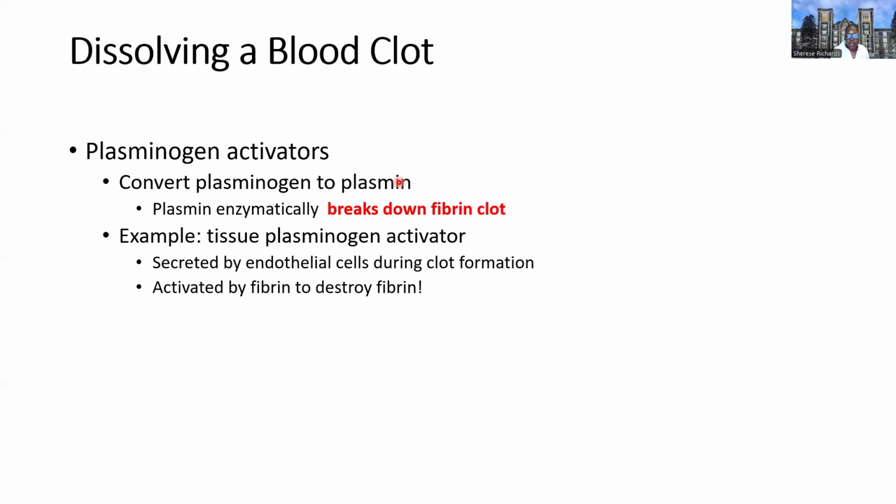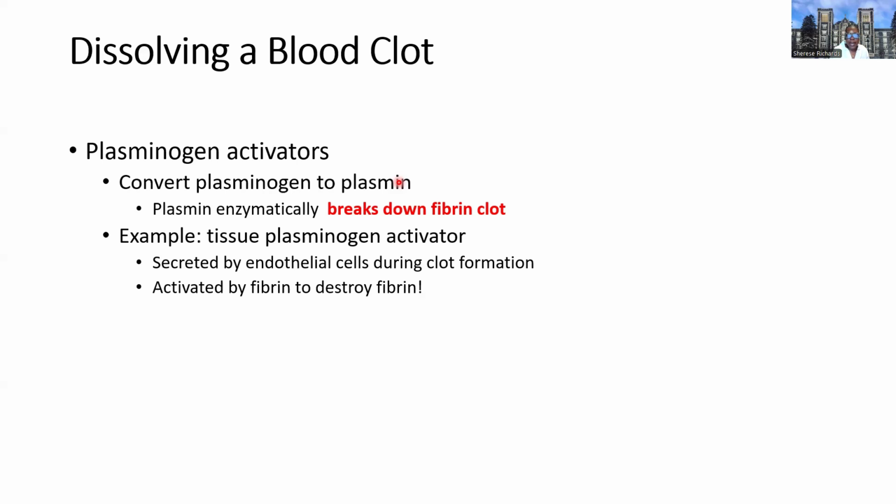So plasminogen is converted to the active form, plasmin. Plasmin is an enzymatic product that can break down, degrade, or digest the fibrin clot once it's formed, all right? An example of a plasminogen activator is tissue plasminogen activator, TPA.